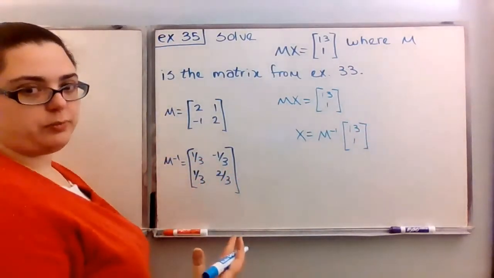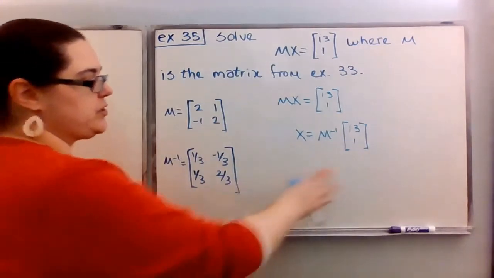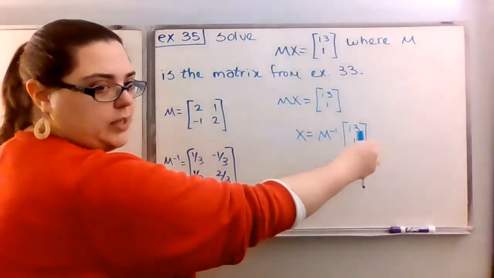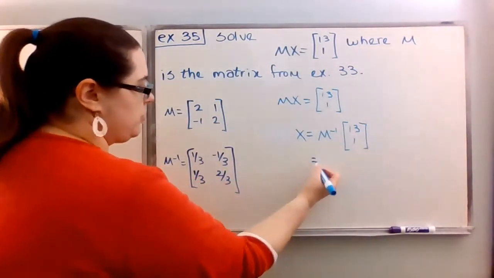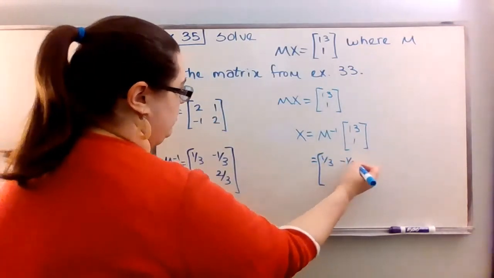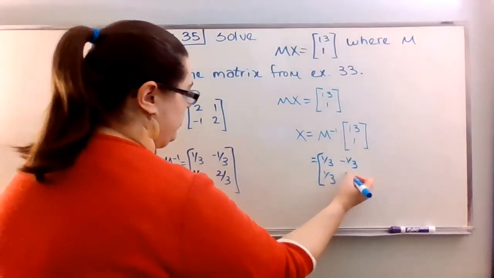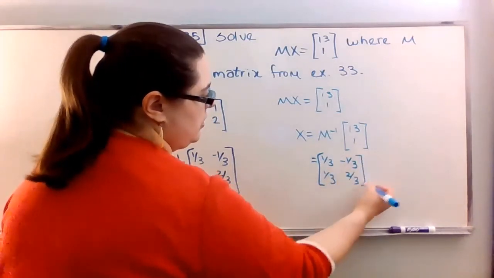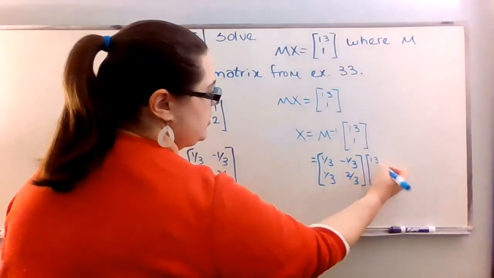So all this is going to amount to is taking this matrix and multiplying it by this one on the right. So this is going to give us 1/3, negative 1/3, 1/3, 2/3 times 13, 1.